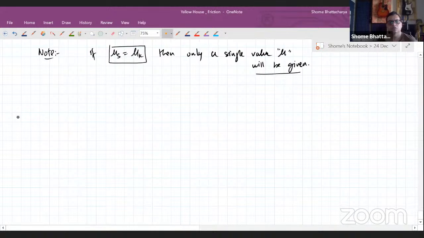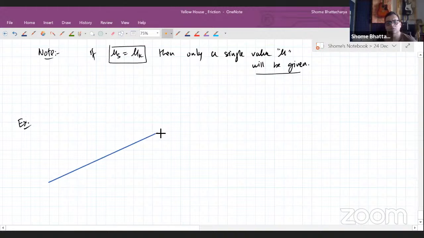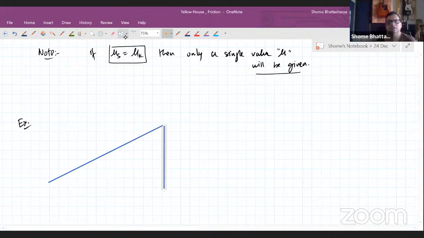Okay. So let's look at another inclined plane problem, but this time with multiple blocks. So we have this fixed inclined plane with a pulley around it.